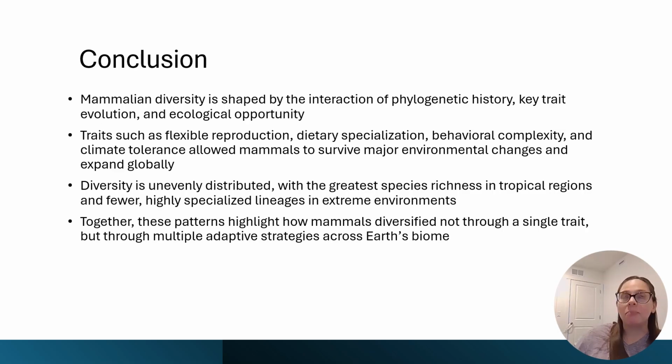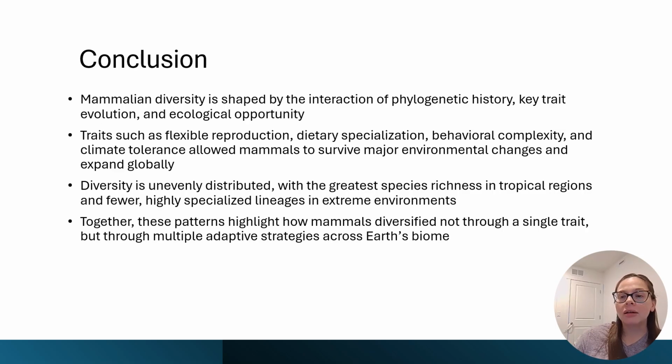This brings us to the end of my presentation, where I just want to say that overall mammalian evolution reflects the interaction of phylogenetic history, key traits, evolution, and ecological opportunity across Earth's biomes. Traits such as flexible reproductive strategies, dietary specialization, behavioral complexity, and climatic tolerance have allowed mammals to survive major environmental changes and diversify globally.